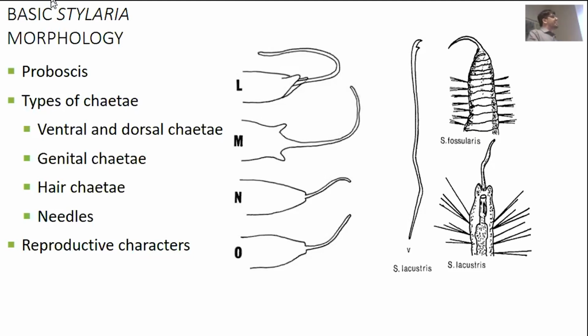The types of chaetae, so we looked at the ventral and dorsal chaetae: hairs, needles, the ventral chaetae. We looked at the genital chaetae if we could. It's very difficult to get these organisms to reproduce, so we didn't always get that, but we do have some. The hair chaetae and the needles. And then if possible, we tried to get reproductive characters. We'll talk about how difficult that was later.